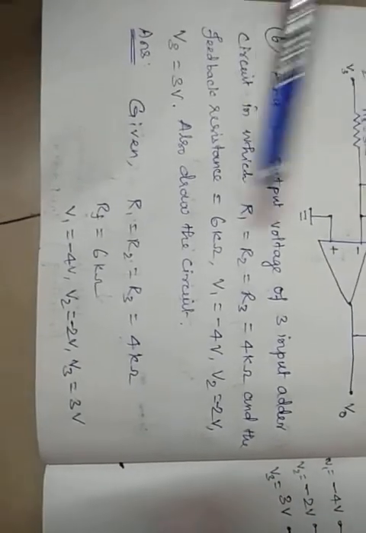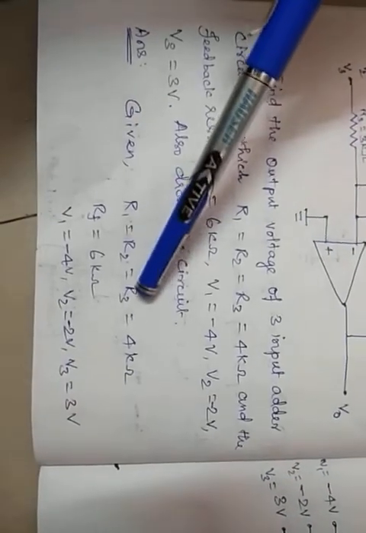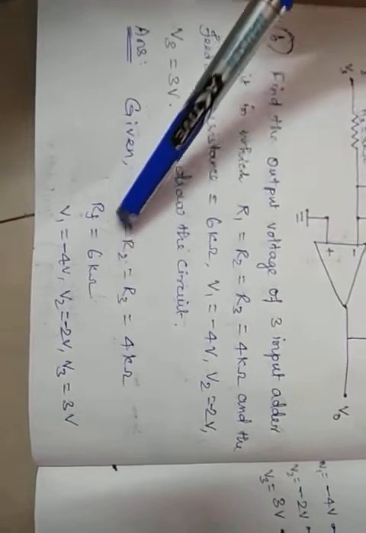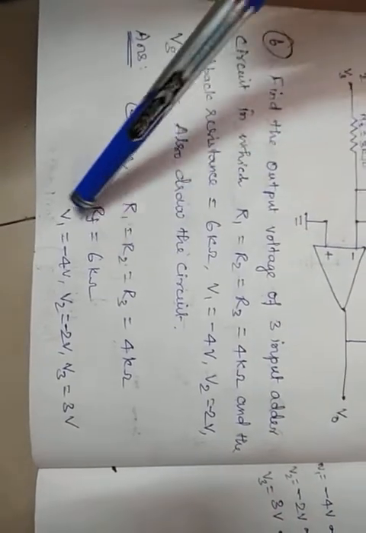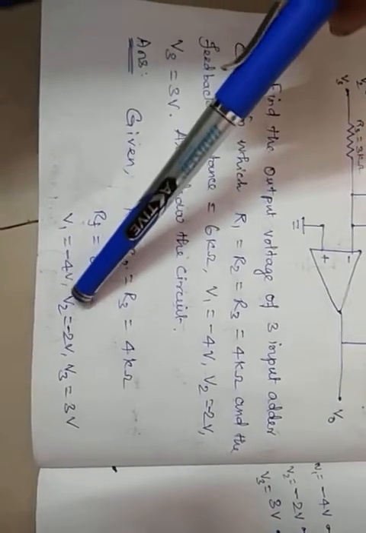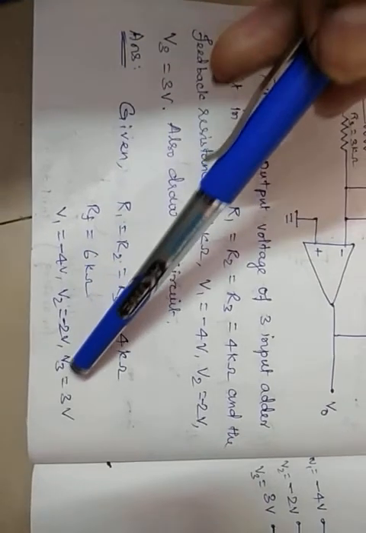Given values: all 3 resistors are the same value, 4 kilo ohms, RF is 6 kilo ohms, V1 equal to minus 4 volt, V2 equal to minus 2 volt, V3 equal to 3 volt. We need to calculate the Vout value and draw the circuit diagram.